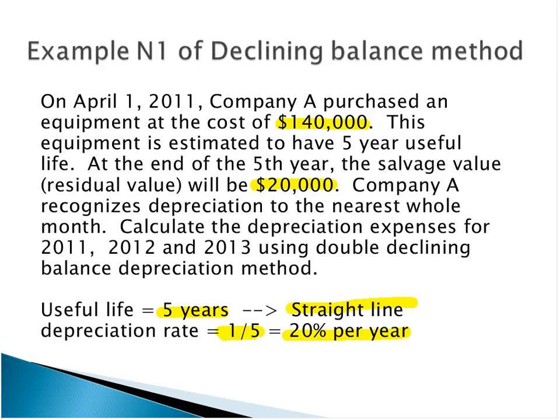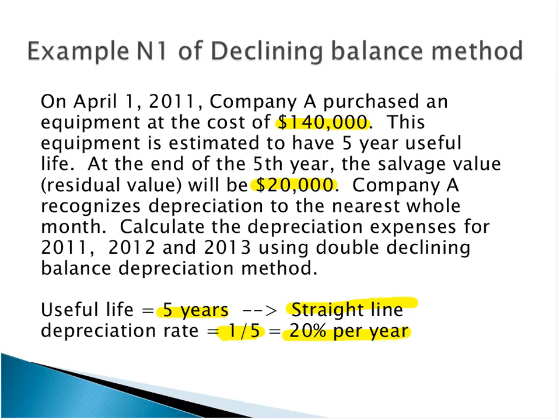Let me show you first. And then you will get a 10% depreciation rate right here. Right? Yes, right. So this is how we could find the depreciation rate by the straight line.